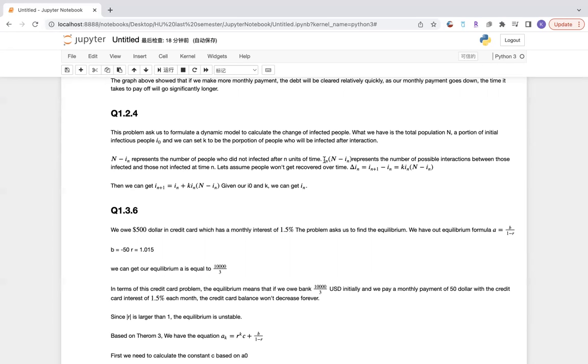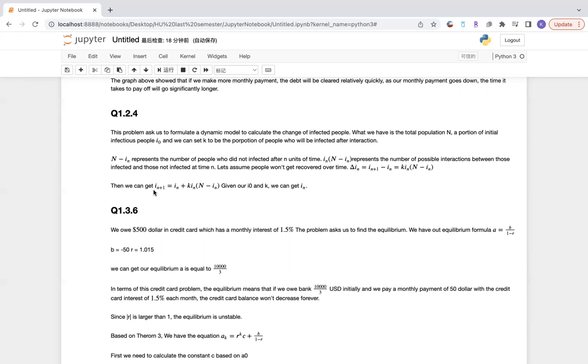and it times I_n, which represents the number of possible interactions, and times k, it will be the number of newly infected people.